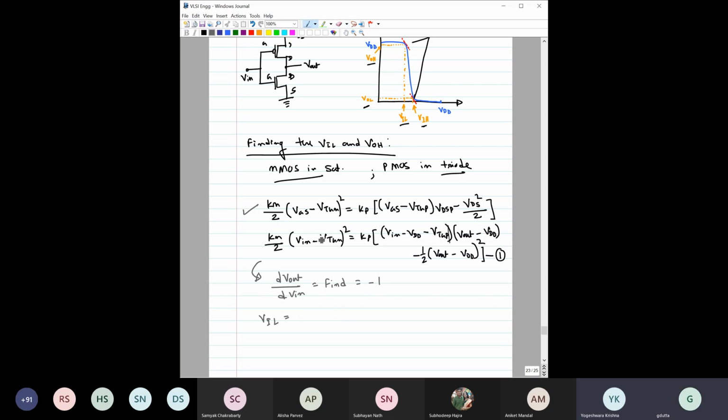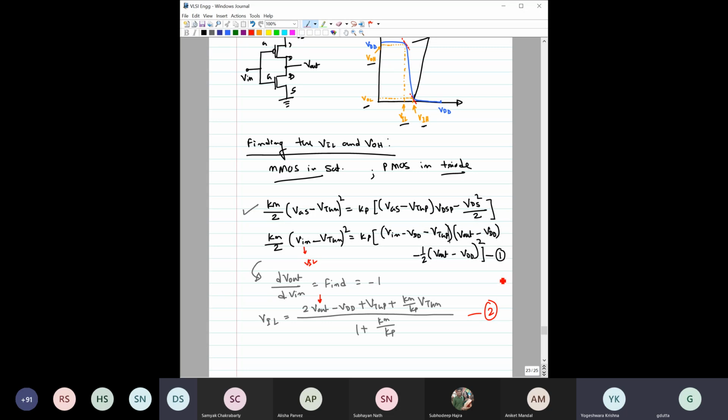These equations are pretty big actually. This is Vout minus VDD plus VTHP plus KN by KP times VTHN, over 1 plus KN by KP. Now you see this equation and this equation: in the VIL equation you have Vout, and here you have Vin. So Vin is basically VIL.